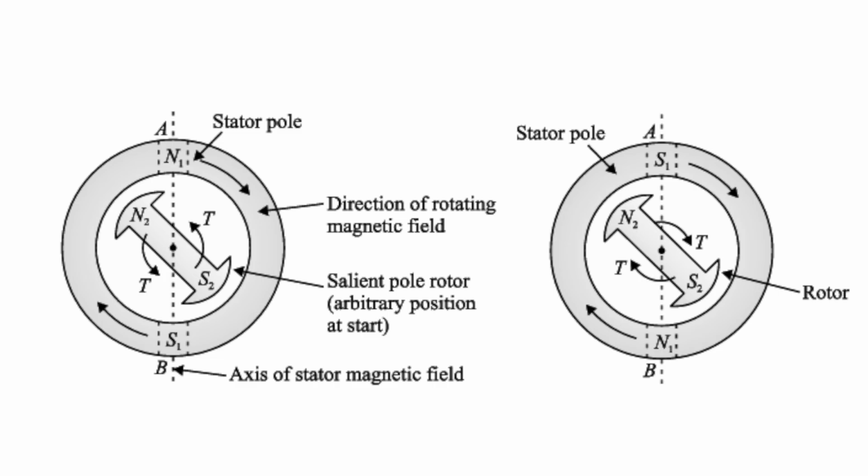For simplicity of understanding, we assume that the stator poles are N1 and S1, which are rotating at a speed of Ns. The direction of rotation of the rotating field is, say, clockwise. When the field winding on the rotor is excited by DC supply, it also produces 2 poles.